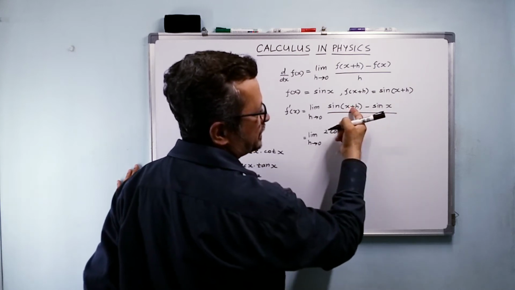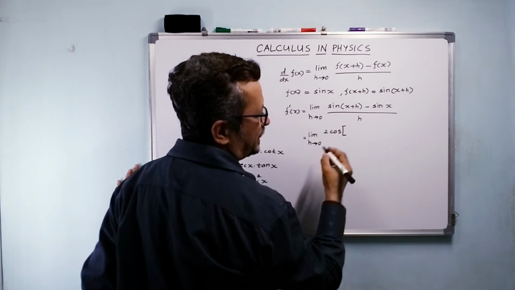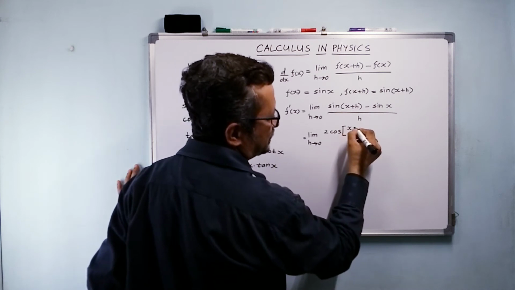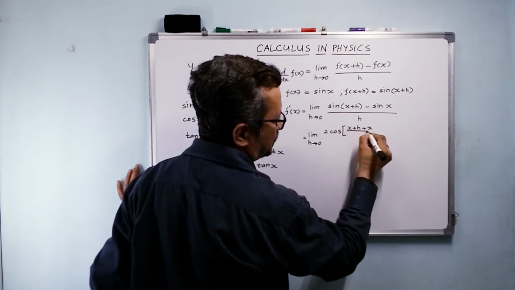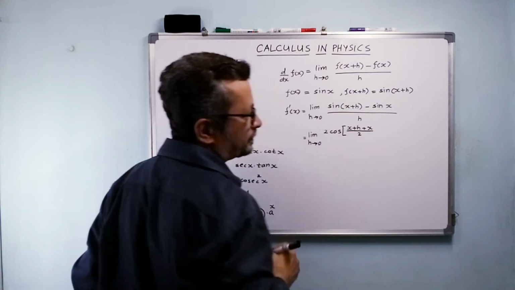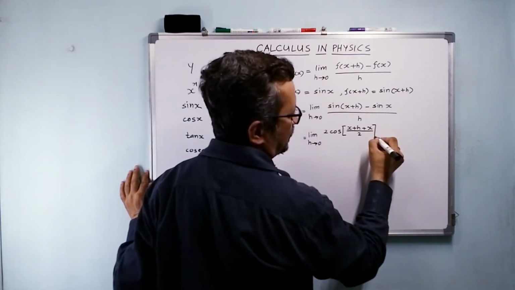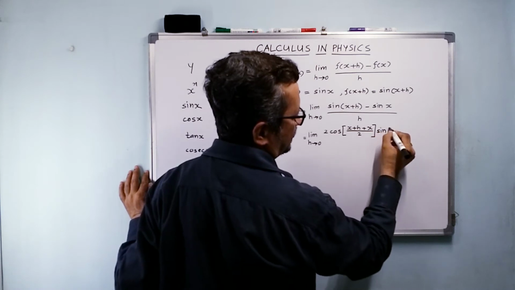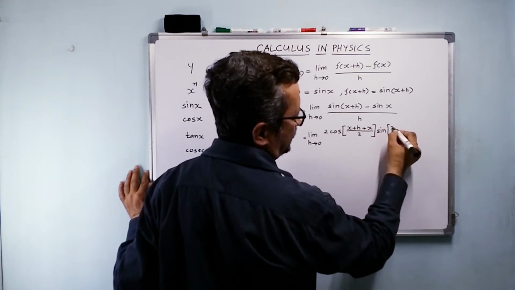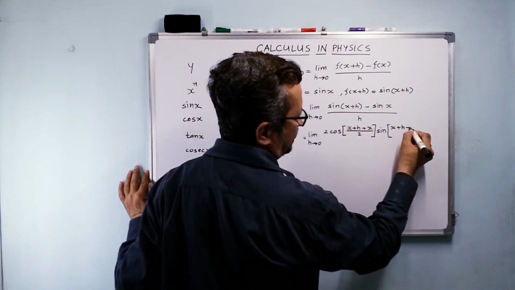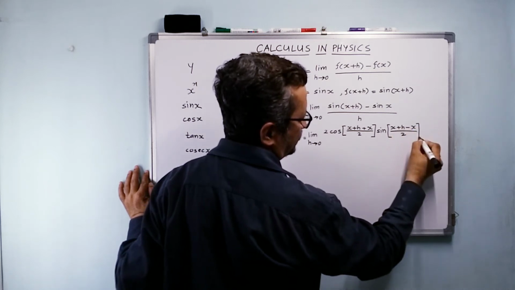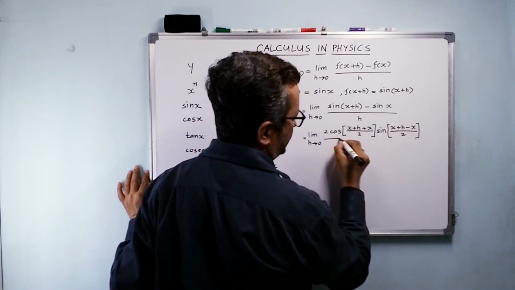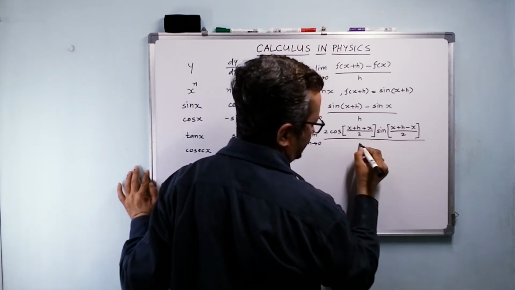My c is x plus h, d is x. So it is x plus h plus x upon 2, sine x plus h minus x upon 2, and then this whole thing divided by h.